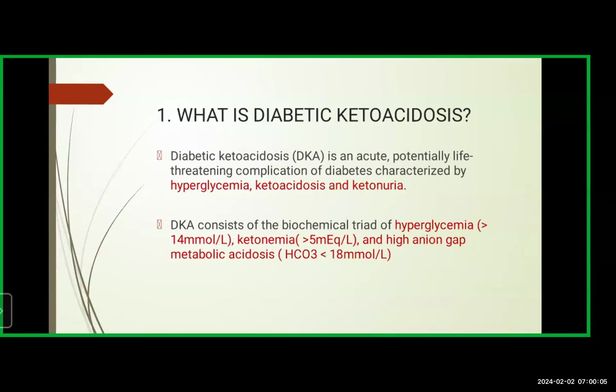The first question, what is diabetic ketoacidosis? I will be using DKA for short. DKA is an acute, potentially life-threatening complication of diabetes, characterized by hyperglycemia of blood glucose of more than 14 millimoles per liter, ketonemia of more than 5 milliequivalent per liter, and high anion gap metabolic acidosis of bicarbonate less than 18 millimole per liter.